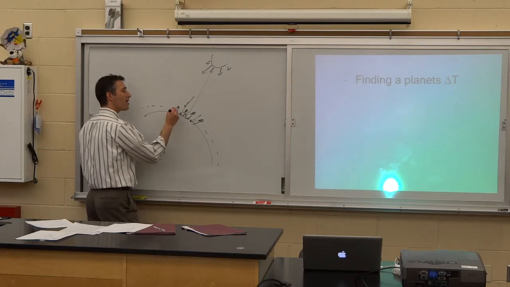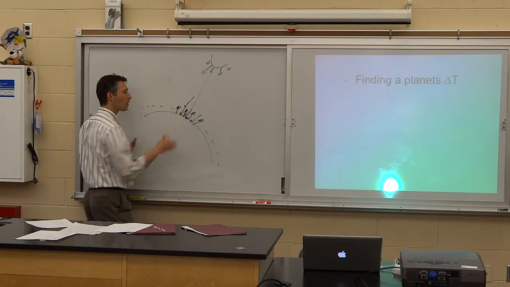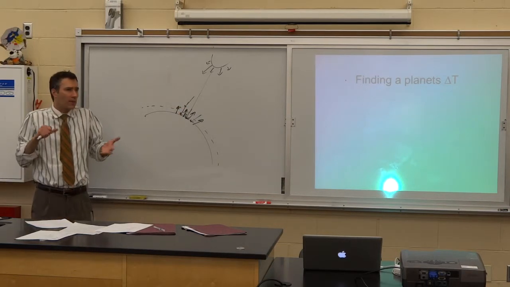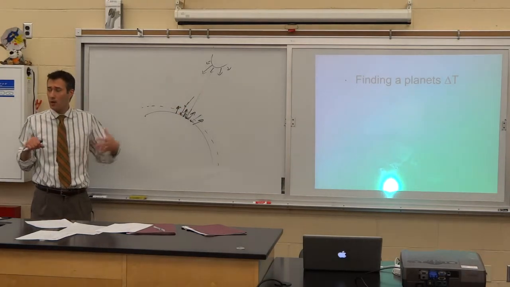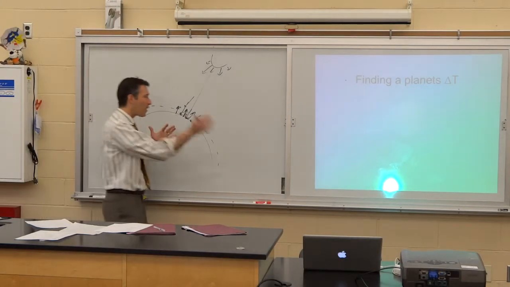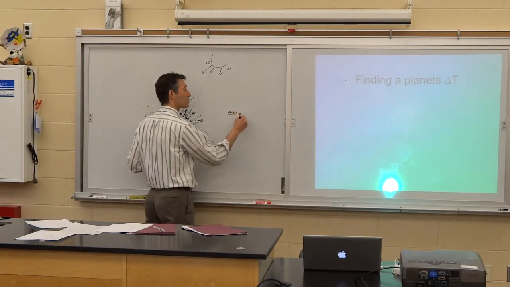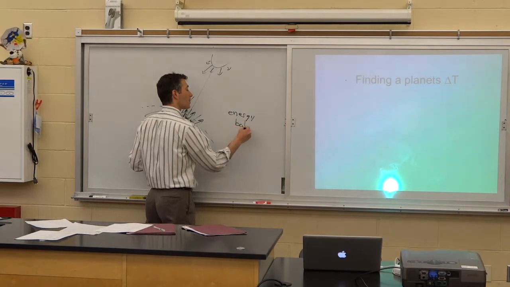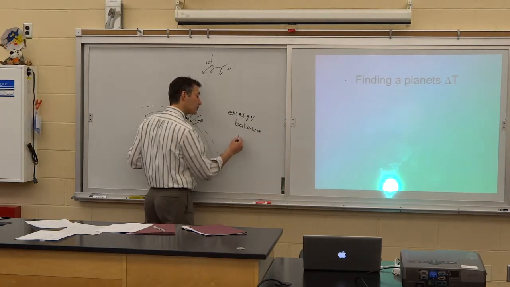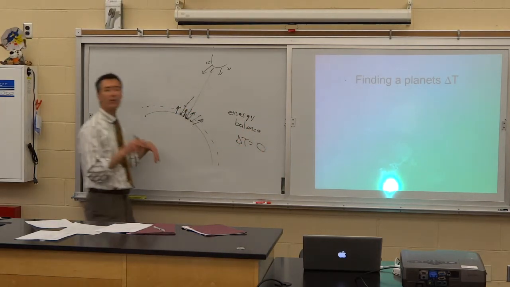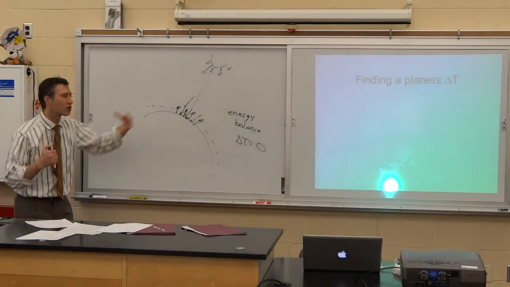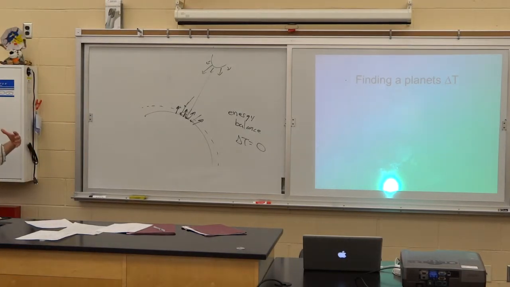So if the power in and the power out are exactly the same, then our temperature should stay constant. Right? We have a power or an energy balance. And if that happens, the change in temperature should be zero. I mean, we'll have weather, but the average surface temperature of the Earth should stay constant.